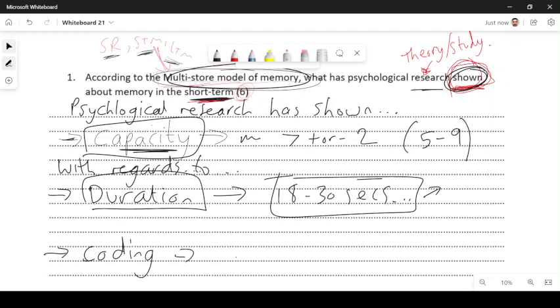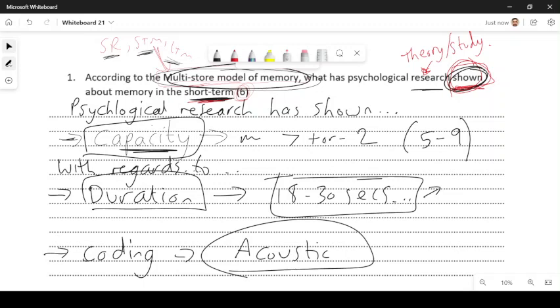and obviously that it is coded acoustically. Okay, so that is the kind of information that you need for that type of question. What you might want to do as well, just like I have created this question myself and put it into a Word document, is do exactly the same question, but change the word at the end, short term.